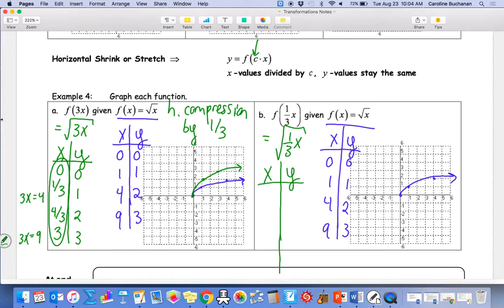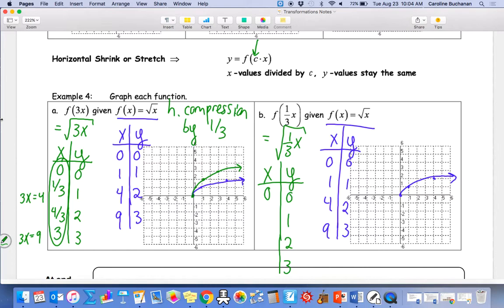So again, it's a little awkward to think about what the x value should be. So let's fix the y values. We want outputs of 0, 1, 2, and 3. To get an output of 0, again, we want to take the square root of 0, and here x can again be 0.